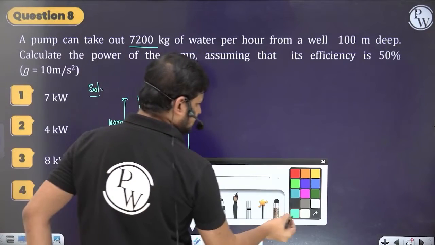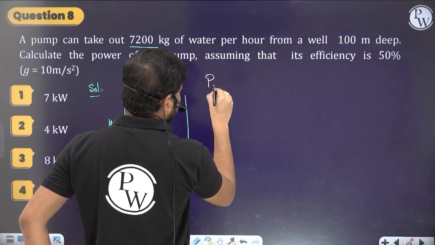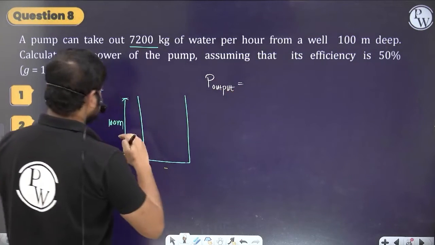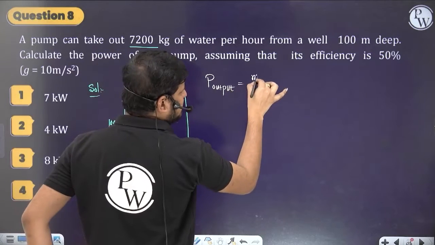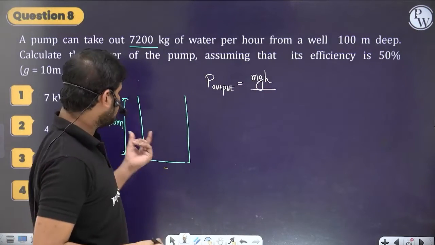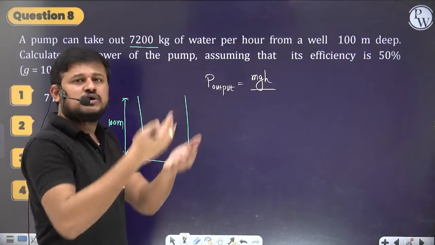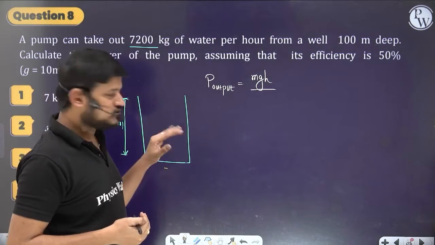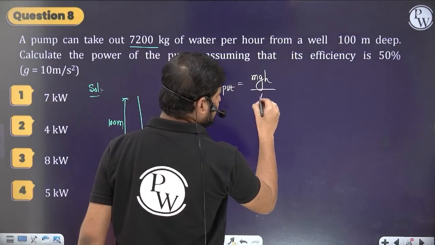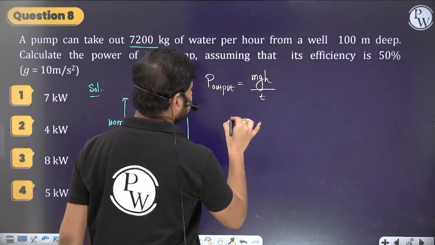First let's find the power output. The potential energy is being used, so the energy is transferred by time. Here the water is being dug out from the well from a depth of 100 meters, so mgh by time taken, energy transfer by time taken.